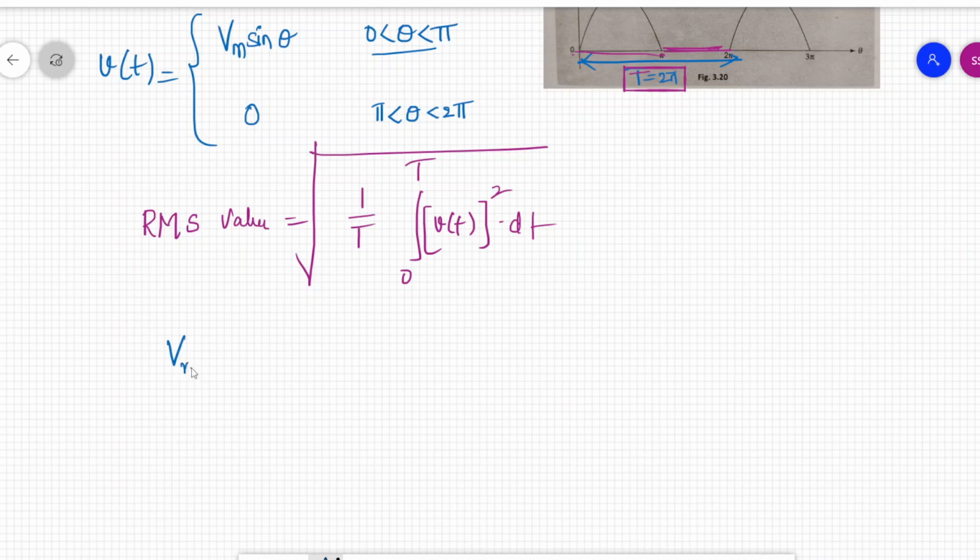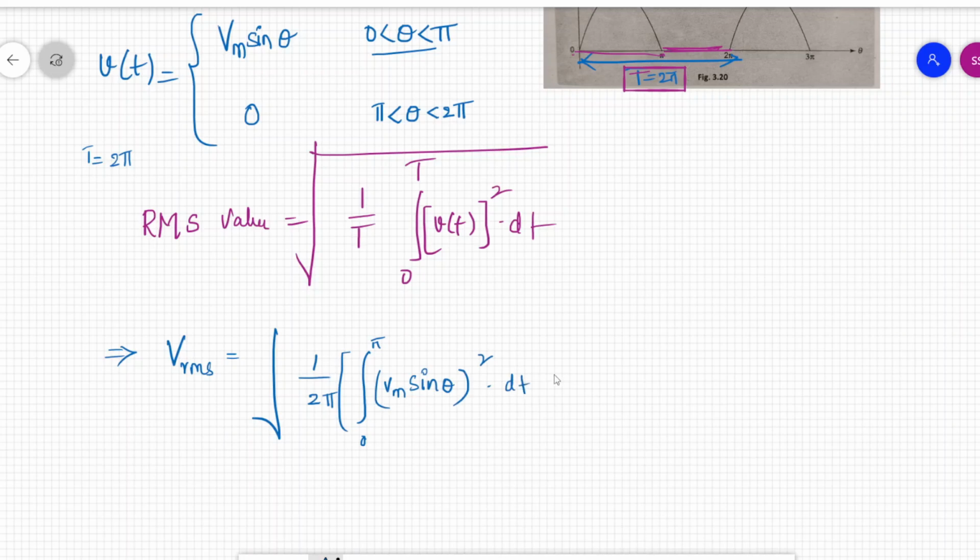So we are finding VRMS, that is 1 by time period. What is the time period here? It is 2 pi, right? So 1 by 2 pi integral. We have two limits: 0 to pi is one limit with V of t equal to Vm sin theta whole square d theta, plus from pi to 2 pi it is 0 d theta, all under root.